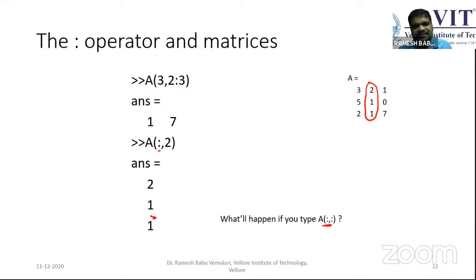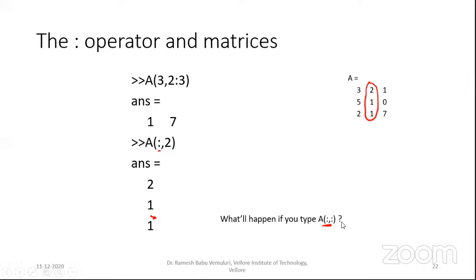So here, what happens if you type a colon? So here we will get all 3 rows and 3 columns, right, sir? Yes, you will get all three rows. I mean, the complete matrix will come. Complete matrix. Okay, sir. This is my only doubt, sir. Thank you, sir.